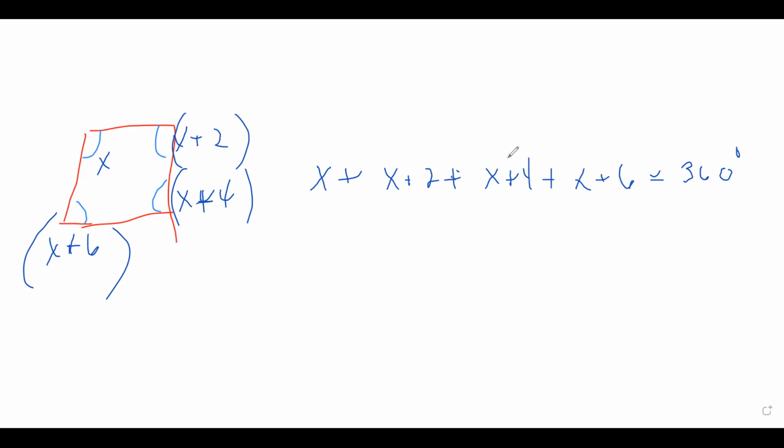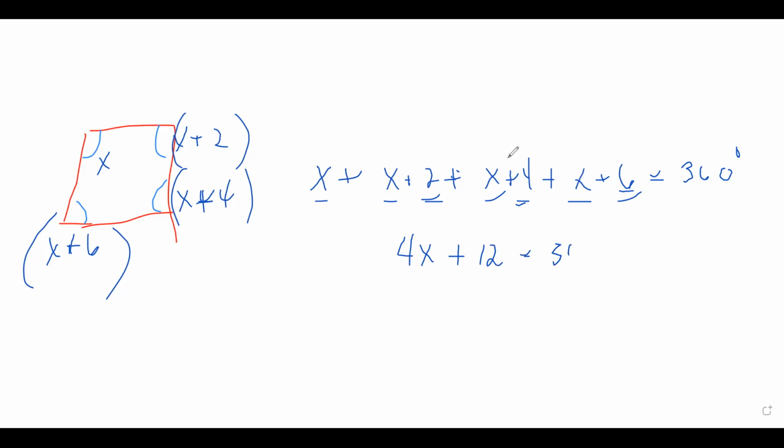Okay, so now we want to combine like terms. x plus x plus x plus x gives me 4x. And then 2, a 6, and a 4, sorry, is going to give me 12.